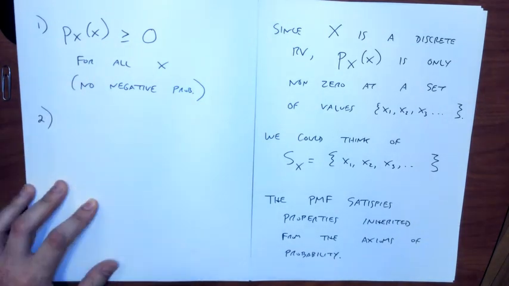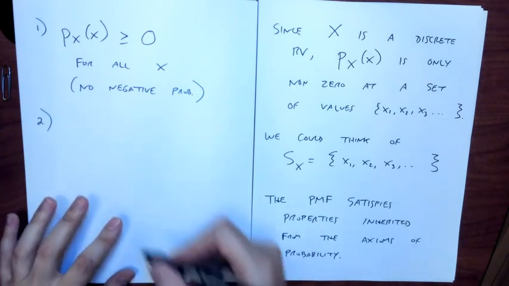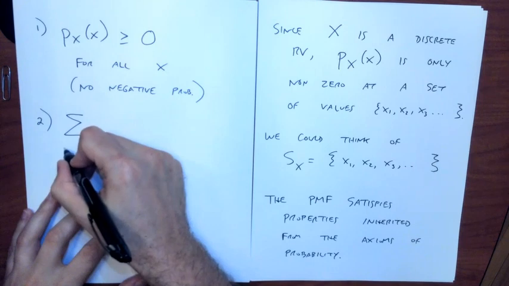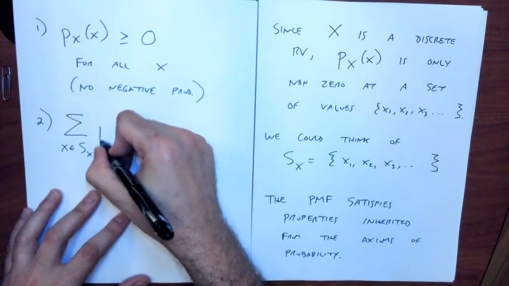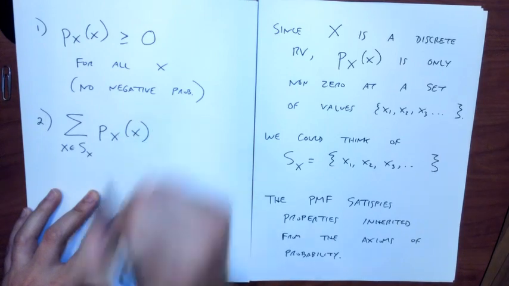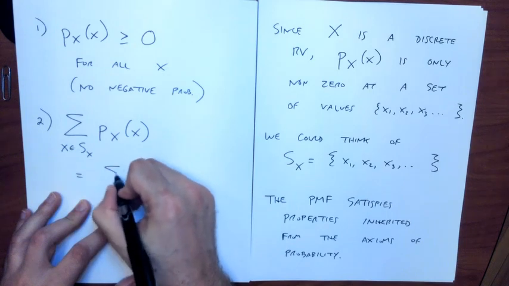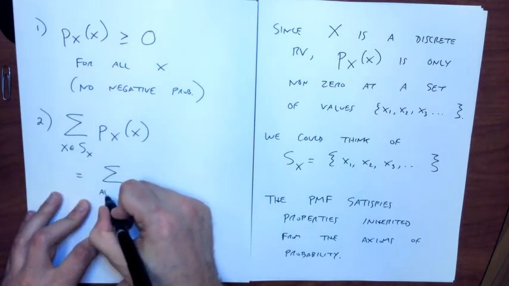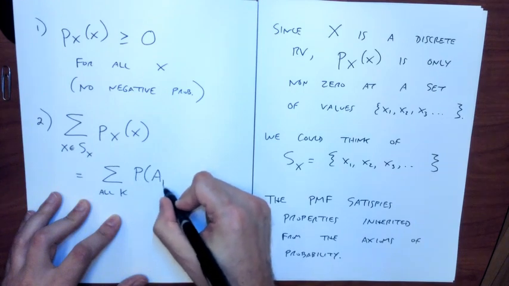Also, if I add up all the values of this probability mass function, it's like I'm adding up all the pieces of the sample space, and that has to add up to 1. So if I add up, for all of the values that this random variable could take on, the values of the PMF, this is like saying I'm adding up in the original sample space all of the probabilities of these events.